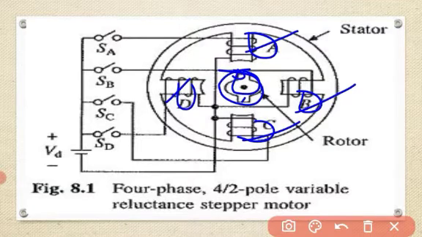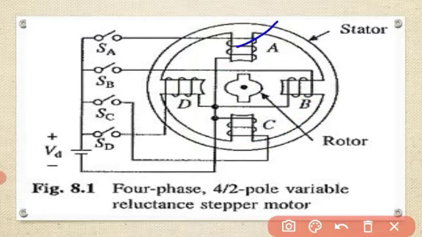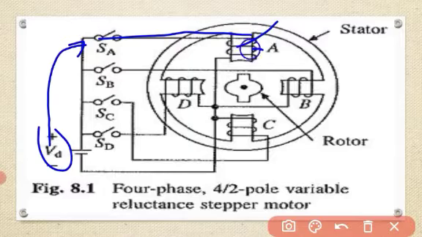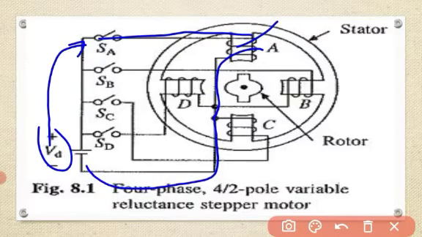For phases A, B, C, D, for A, take it from here, the source is taken to the switch SA and it goes to A, and here it comes back to the negative. I hope the connection is clear.